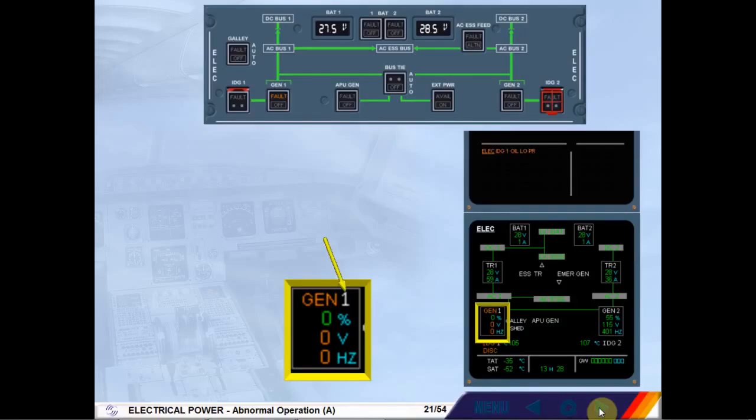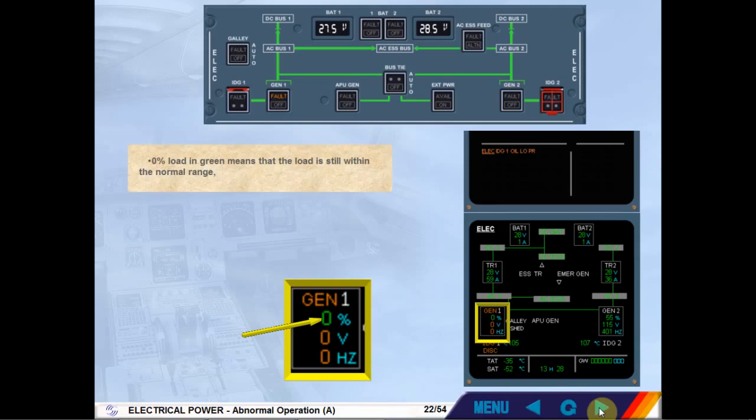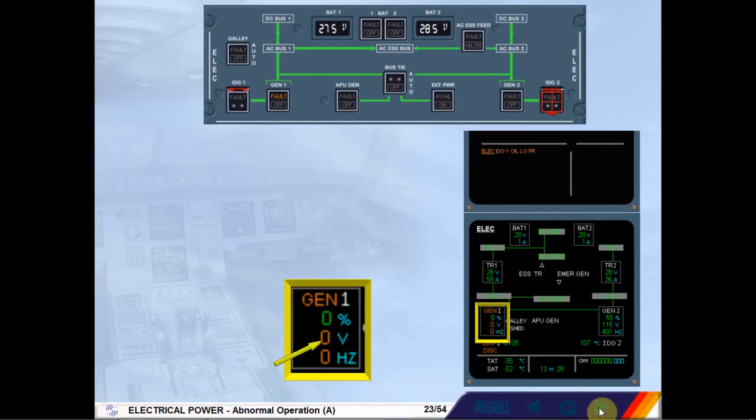One in white means engine 1 is still running. %% load in green means that the load is still within the normal range. $0 and 0 Hz in amber mean that the voltage and the frequency are outside the normal range.